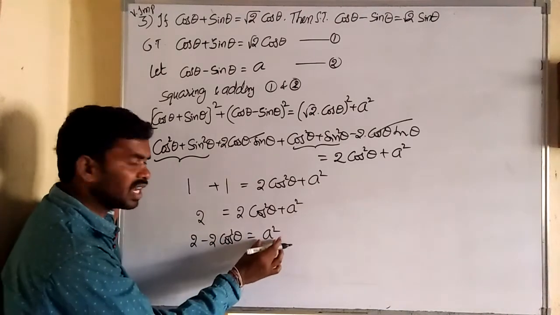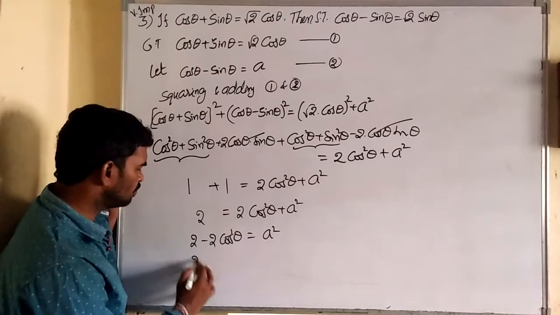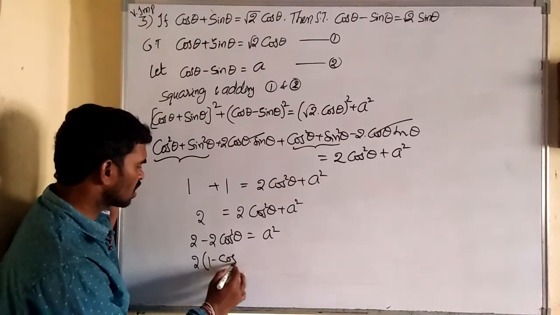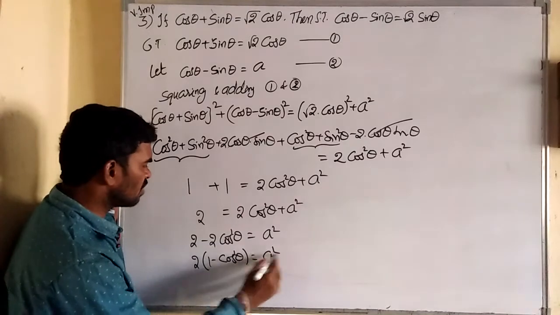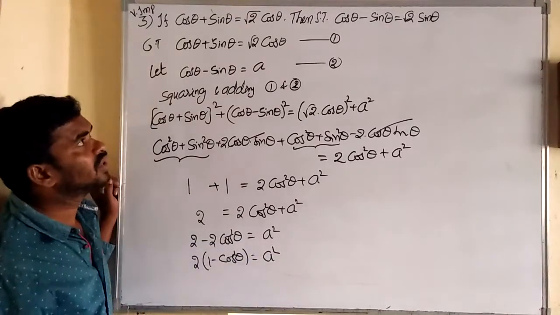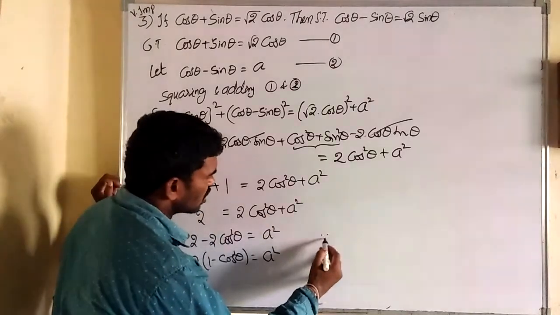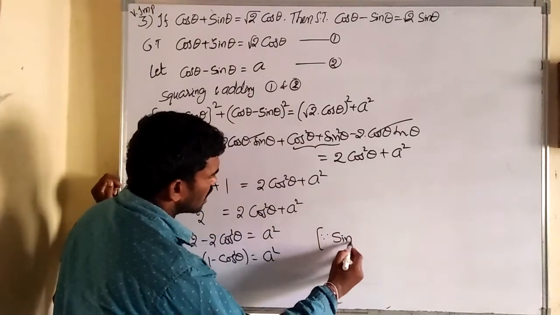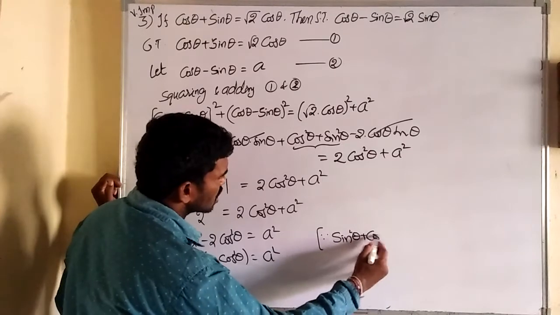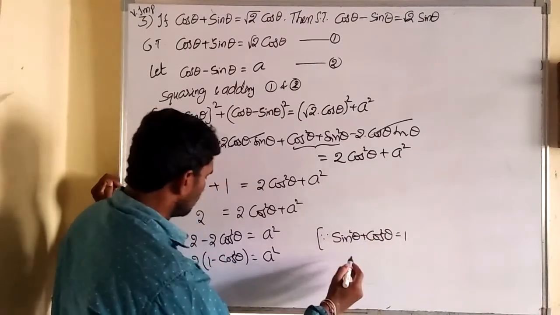Okay, now we have to find the A square value. Take 2 common: 2 into 1 minus cos square theta. What is 1 minus cos square theta? We have the trigonometric first identity. What is the first trigonometric identity? Sin square theta plus cos square theta equal to 1.